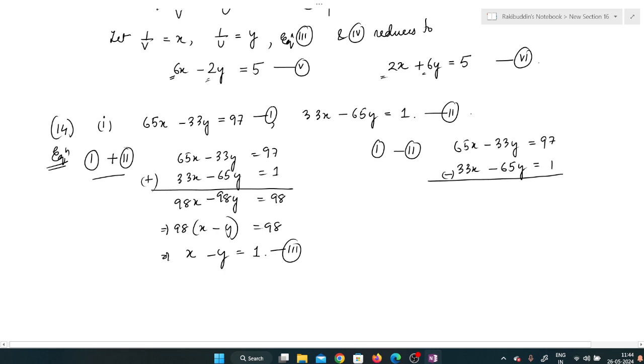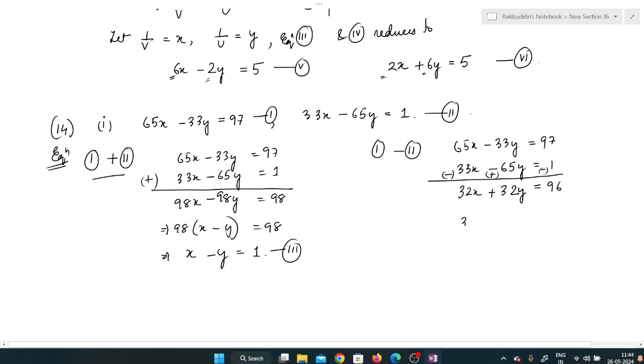So 1 minus 97 is minus 96, and now 65 minus 33 is 32. It will be plus 32y because 65 is bigger. Again 65 minus 33 gives 32x.